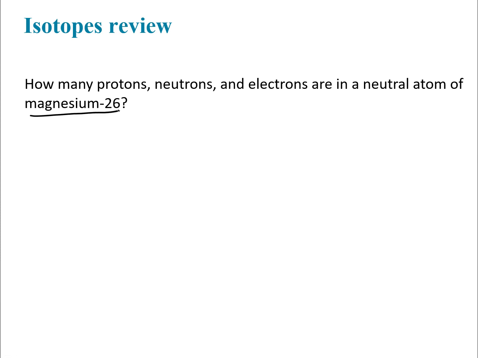We've got magnesium 26, which is an isotope of magnesium. That means it's got the same number of protons, different number of neutrons, right? You figure out the number of protons by looking at the periodic table. The atomic number is the number that is above the symbol for magnesium. That number is 12.